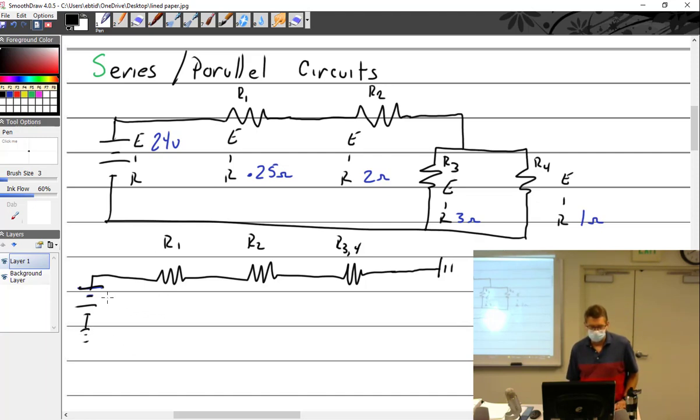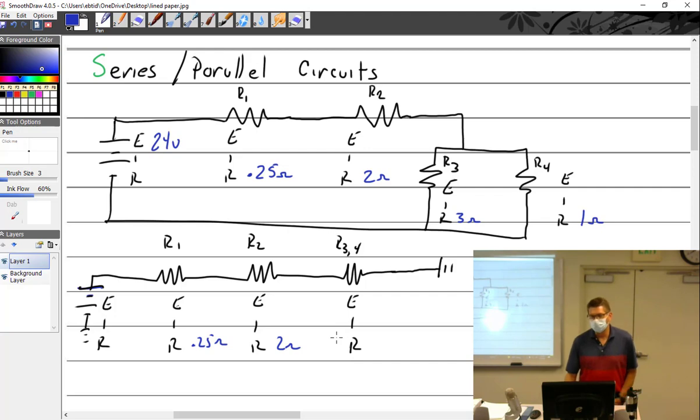So we have E, I, and R. E, I, R. E, I, and R. So we can just bring down what it is. We know that this is still 0.25 ohms. This is still 2 ohms. But what is R3, 4? What is it combined? It's 1 over R1, 1 over R2. It's a parallel circuit.